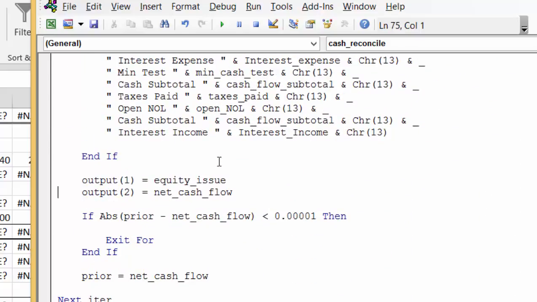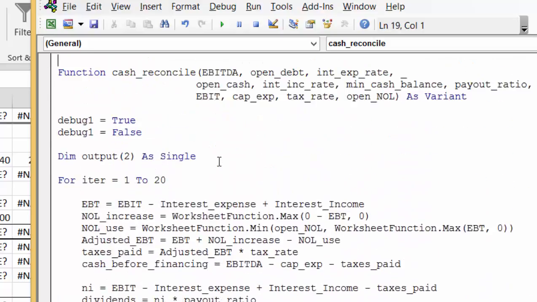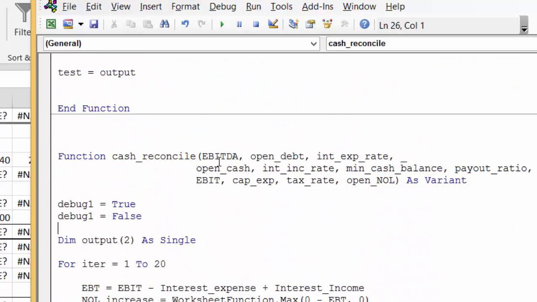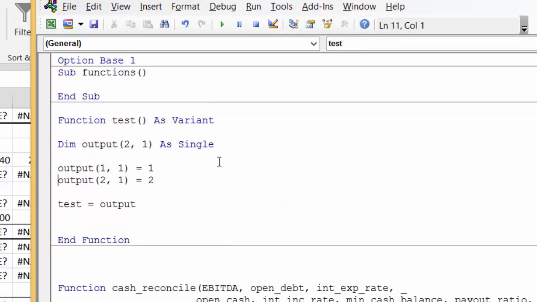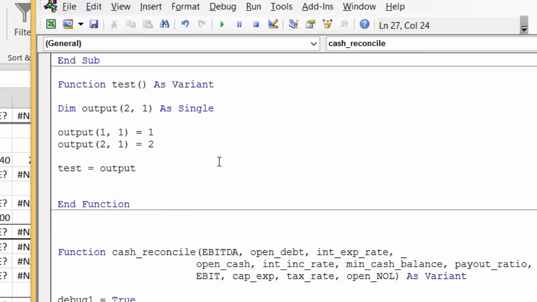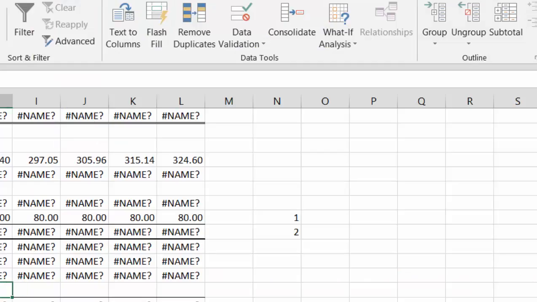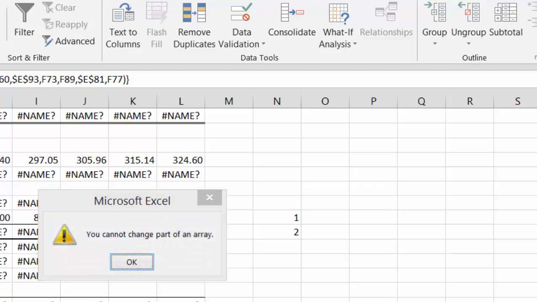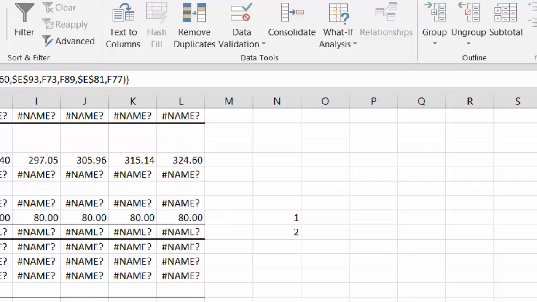Where did we put our output dimension output? So we need to make it go 2, 1. And now we have this one. No, I can't change this array.